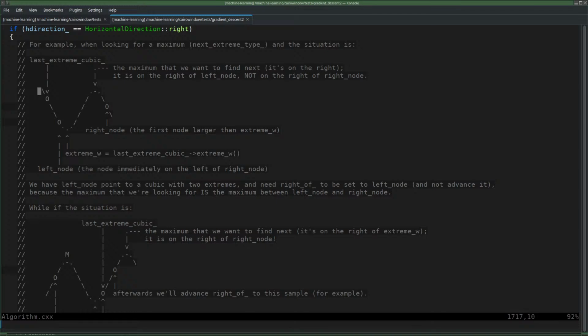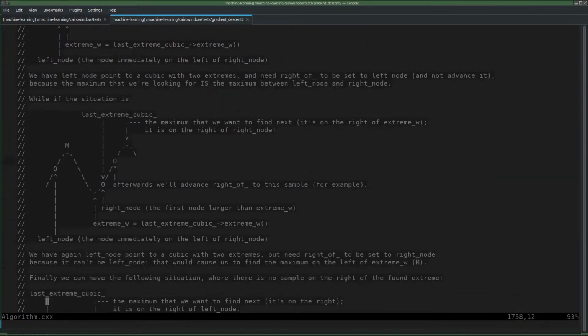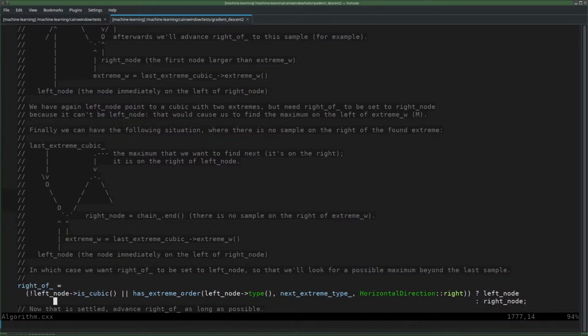So here it has to exist, because last extreme and cubic just exist. So this cannot not exist, because right node is the first. Can't be the first, because at least last extreme is still on this side. And here it can be, because if last extreme is equal to the right node, why would there be a pointer on the left side? So this might not exist. And in this case, the right node might not exist.